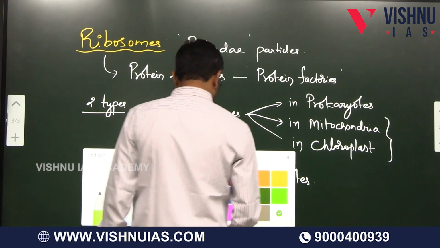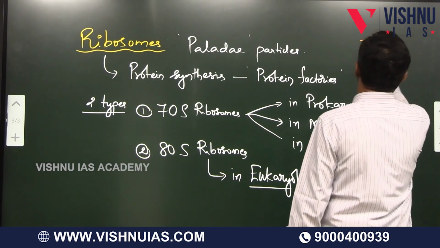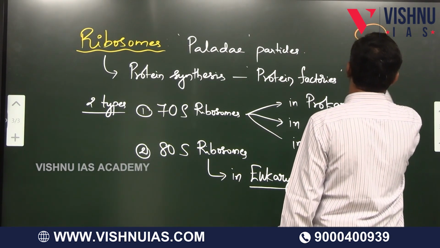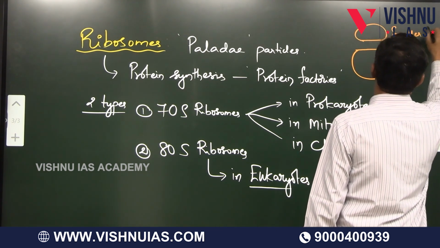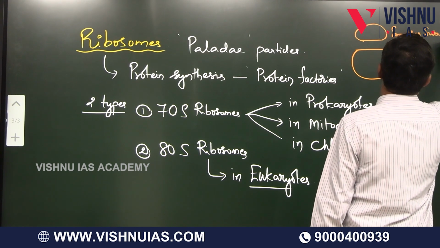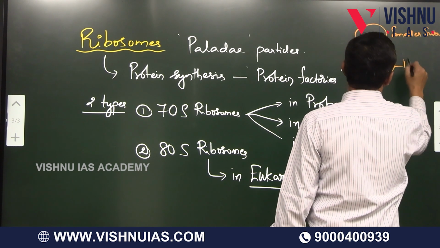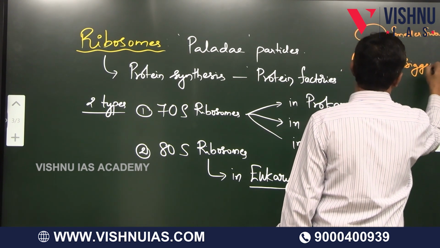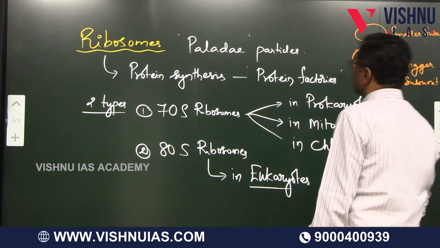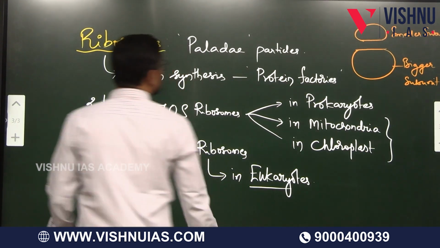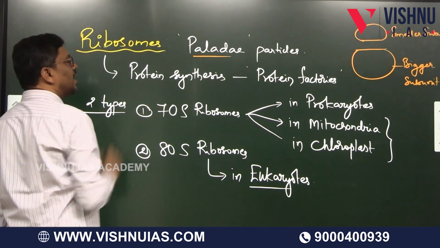Actually these ribosomes are having two subunits. One is a smaller subunit, another one is a bigger subunit. So, simply you remember ribosomes, they were discovered by a scientist called Pallade, so they are called Pallade particles.